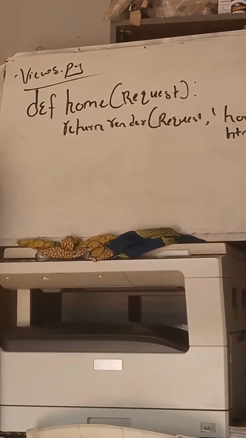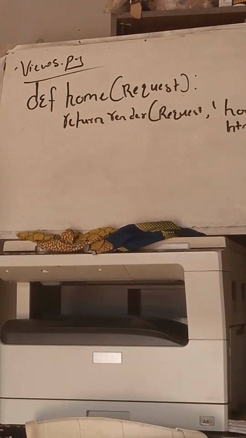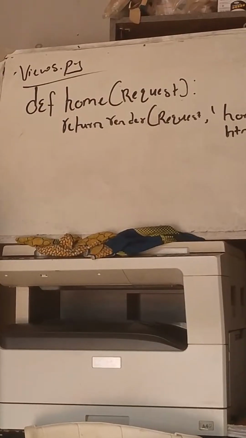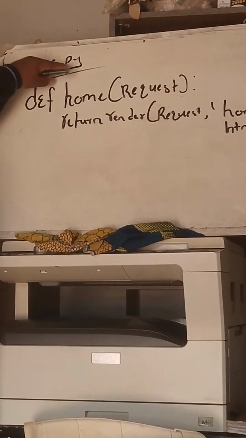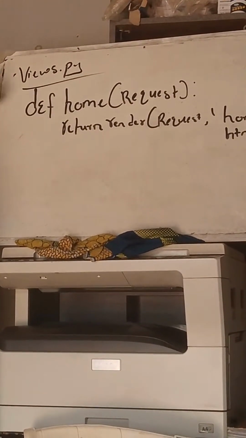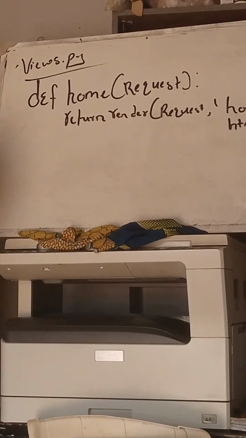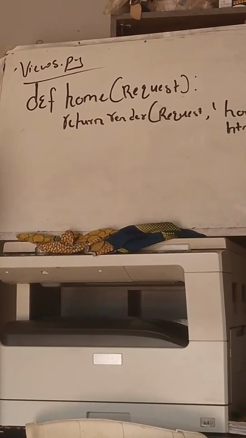Before we can make use of this function, do we need to import anything? And why do we need to import? The things we are meant to import are already there. Like when you open views.py, the things you're meant to import are already written on top of it, meaning you just start from here. The reason we import is that without importing, what you're writing here will not work. Lucky for us, the system has already imported it.